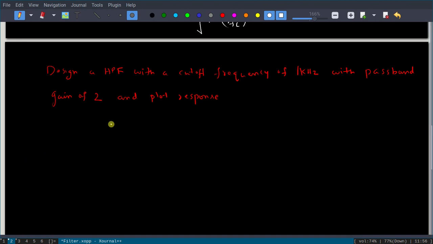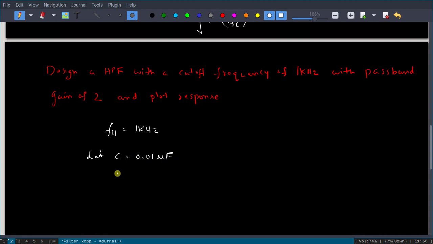How to solve this? We know fL is 1 kilohertz, and let us consider C first. Let C be 0.01 microfarad. We have to choose the value, any value you can choose. Usually less than or equal to 1 microfarad is preferred.